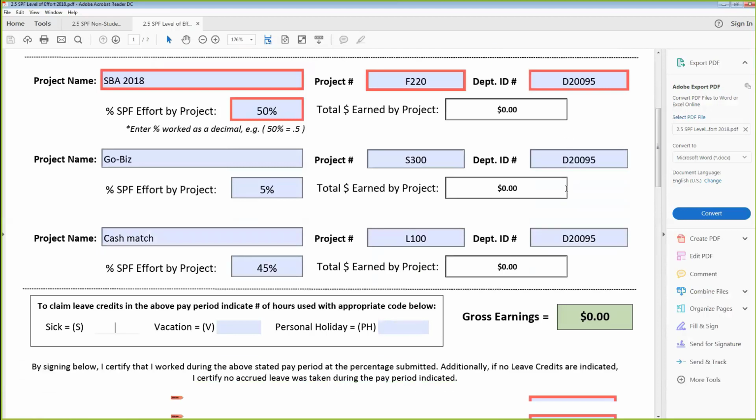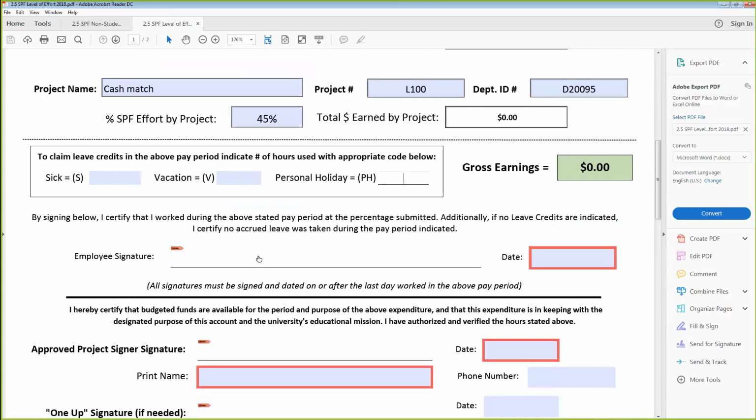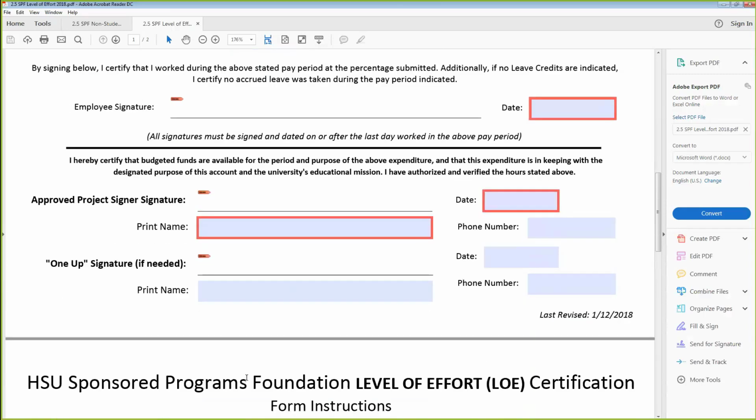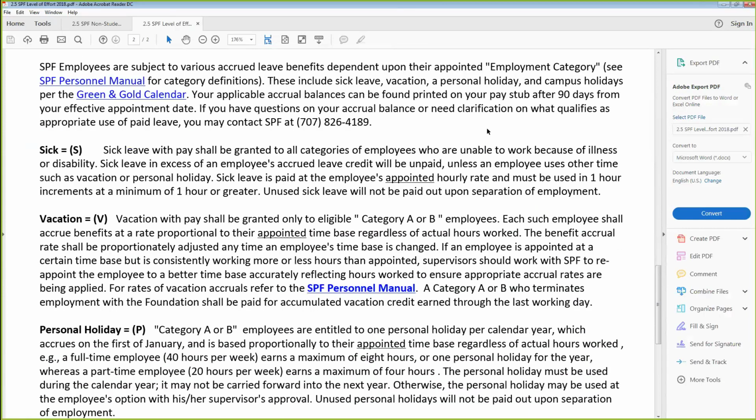I could capture all my time and have it add up to 100%, put down if I took any vacation time or sick, and sign it here. And again, even though I could sign for funds, I would need to have Kristen or Steve sign because they're a one-up for me. And there's instructions about how to fill out the form behind it.